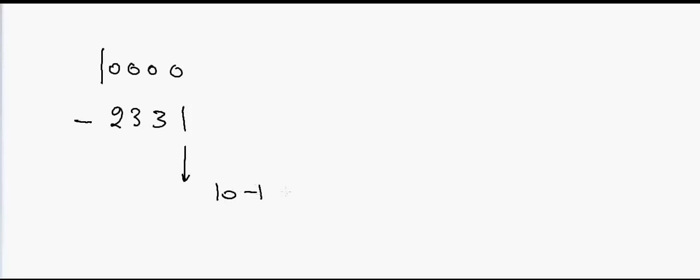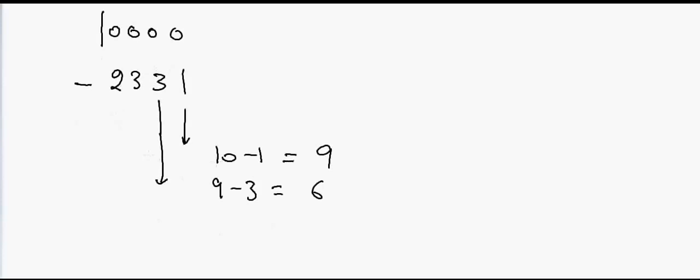The same thing can be done for larger numbers. Suppose I have 10000 and want to subtract 2331 from it. In that case, first I take the 1. So 10 minus 1 is equal to 9, and I take the 3. So 9 minus 3 is equal to 6.